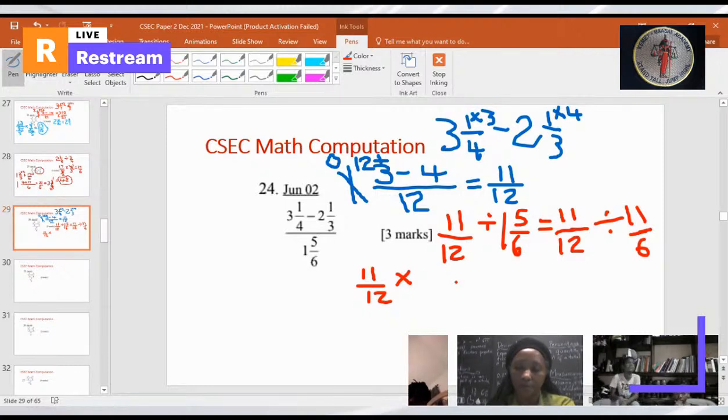You're going to reciprocate the 11 over 6. What should I write when I do that? 6 over 11. To reciprocate a fraction means whatever is in the denominator now becomes the numerator, and vice versa. Some people say we flip it, we invert it. Those are other ways of saying to reciprocate.